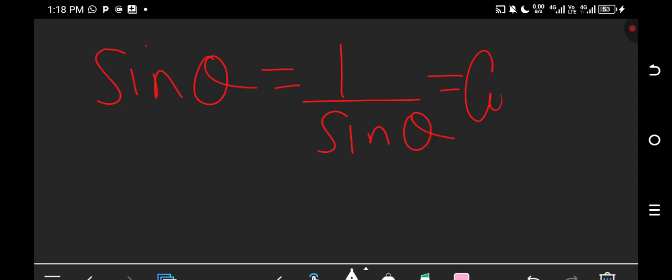So for 1 over sine theta, it is cosec theta. For you to be able to know the trig identity they are referring to, just count the 3 letters, COS. So you look at S, so that is the inverse for sine. Cosec is simply 1 over sine theta.